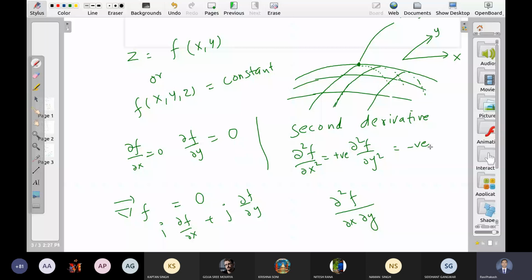Can you imagine what kind of surface it could be when first derivatives are 0 and second derivatives are like this? Let me give you a surface.